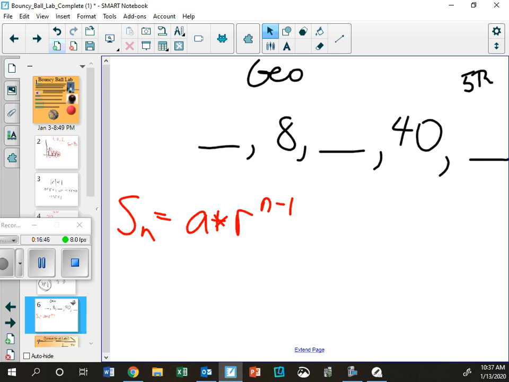All right. Okay. Right now, what they're doing, and if you can jump in here, I've given them the second and the fourth terms in a geometric sequence. And I've asked them to figure out what would the fifth term be.